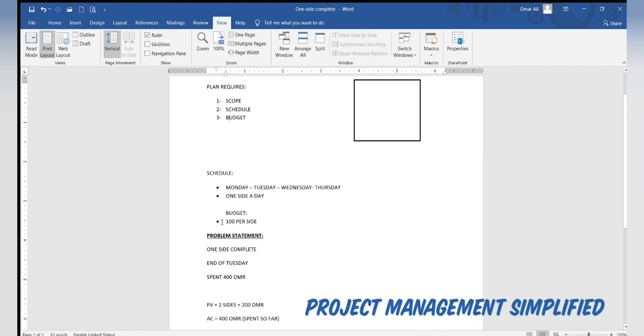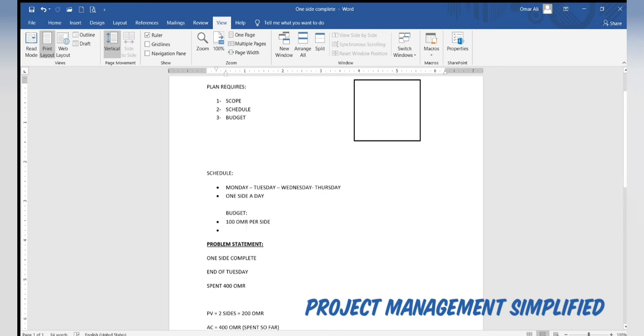And for the budget, we have to spend 100 reals per side. That means the total budget for the project is 400 reals.